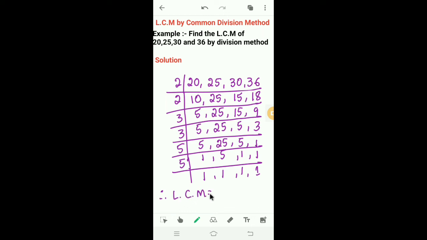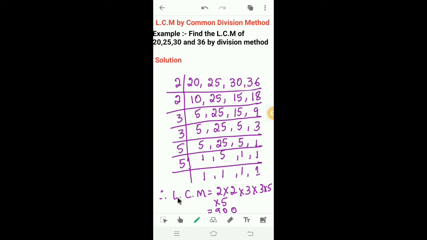LCM is equal to 2 into 2 into 3 into 3 into 5 into 5. 2 into 2 is 4, 4 into 3 is 12, 12 into 3 is 36, 36 into 5 is 180, 180 into 5 is equal to 900.